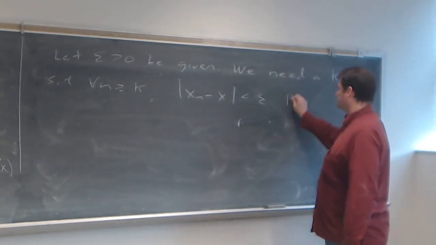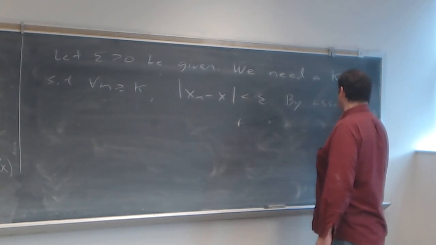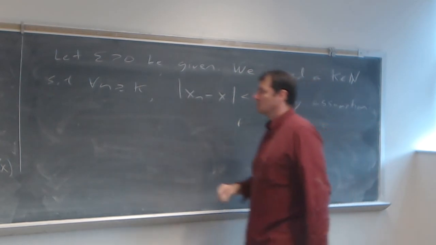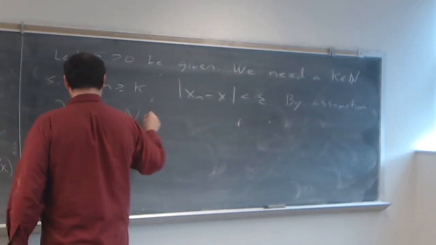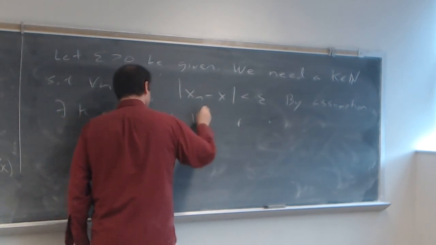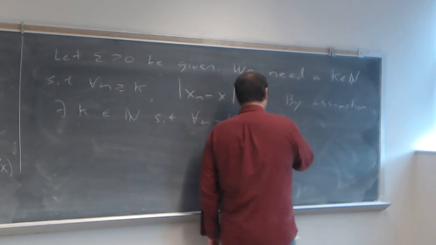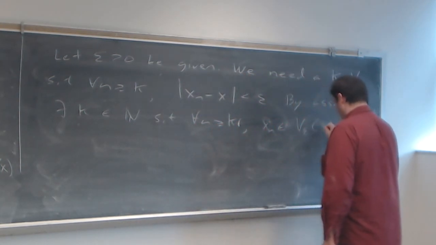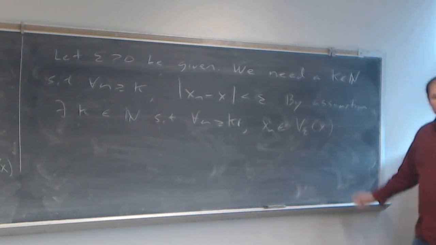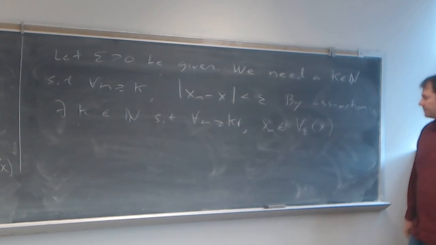Well, we've been given this epsilon. By assumption, there exists a k, an element of the natural numbers, such that for all n bigger than or equal to k, we have that x sub n is in the epsilon neighborhood about x. So we're just going to expand, Mary, what the epsilon neighborhood is.